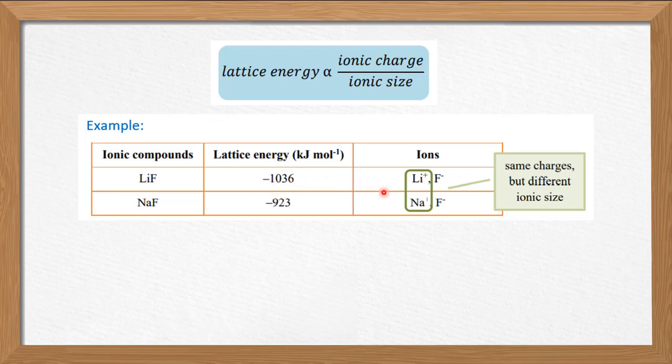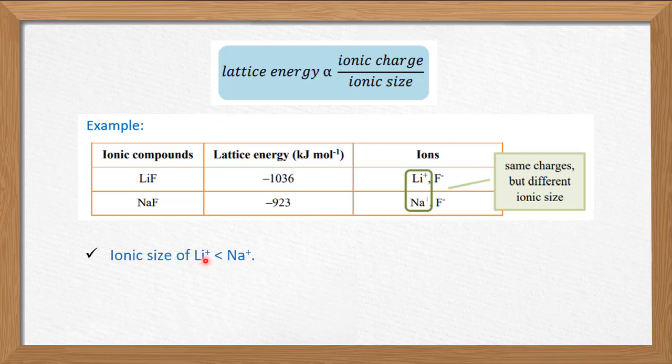Looking at the ions, the fluoride ions are the same for both, but lithium exists as Li+ and sodium as Na+, both positive. So both have the same charges, then we have to compare the size. Remember, priority goes to ionic charges first. If they are the same, then only do we compare the ionic size or ionic radii.